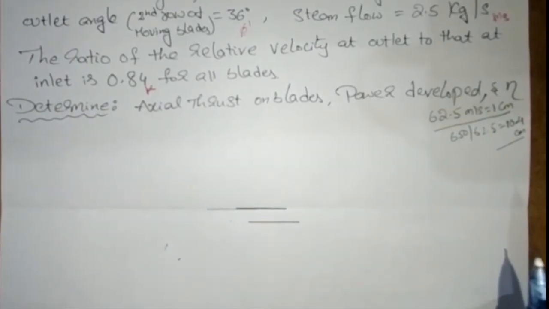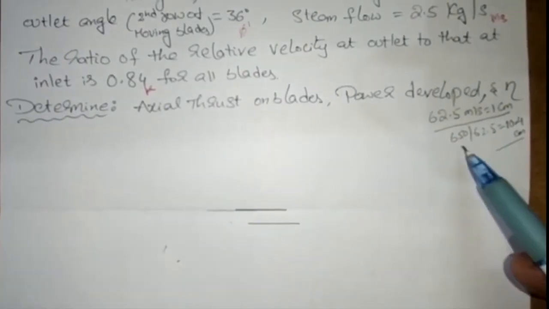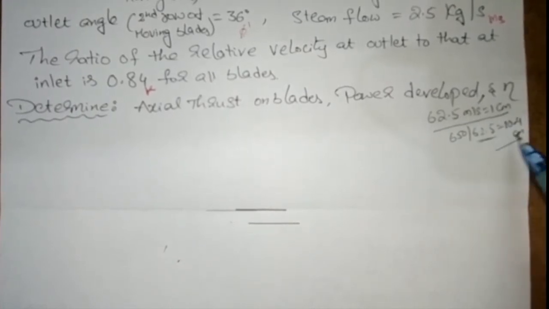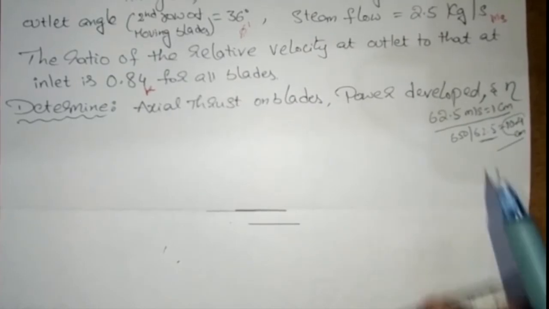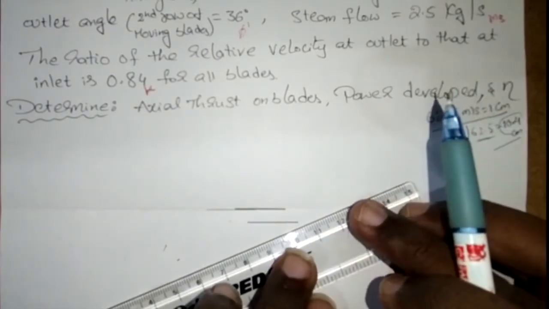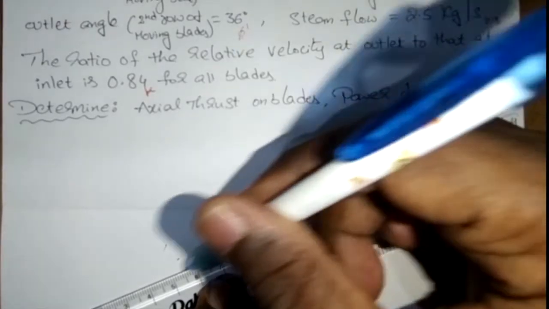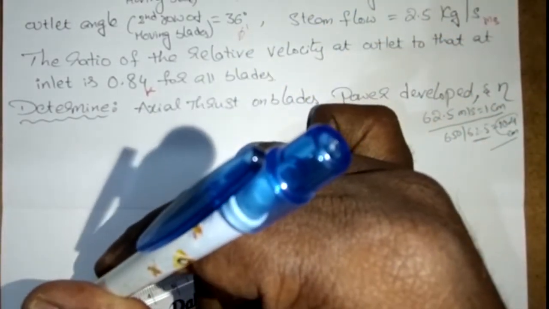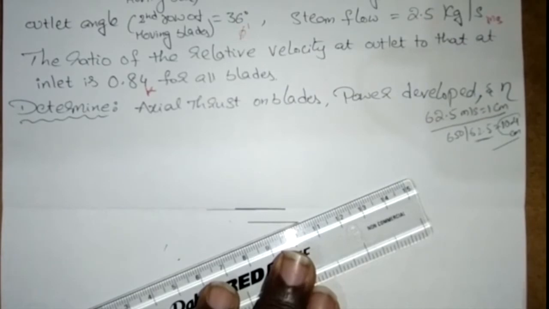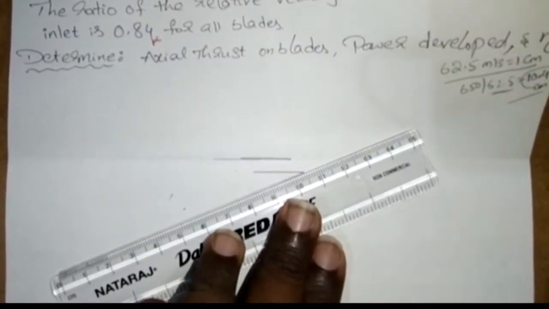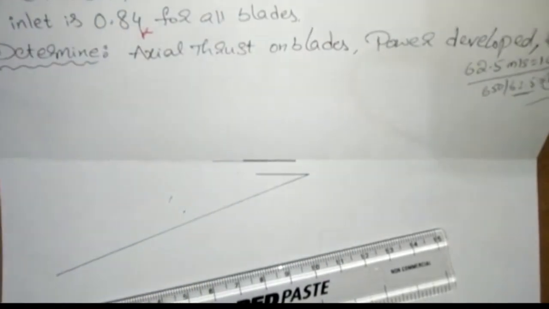Then velocity of nozzle 650 meters per second. 1 centimeter is 62.5, so here we have to draw 10.4 centimeters. I am taking 10.4 centimeters.